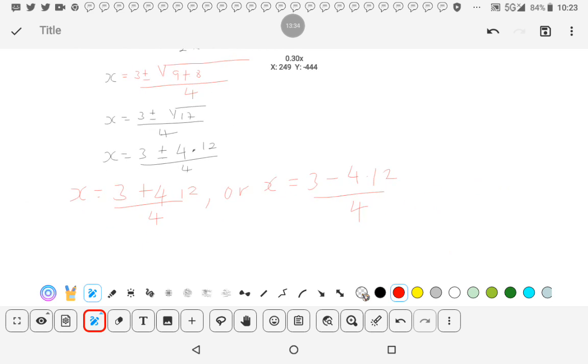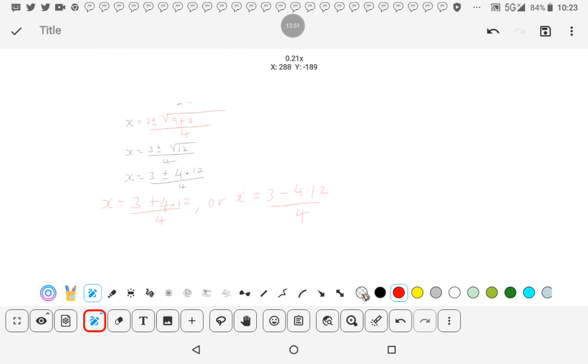So you now simplify it and get your final answer. Whatever you get from here will be your final answer. So that is how you solve using the formula method.